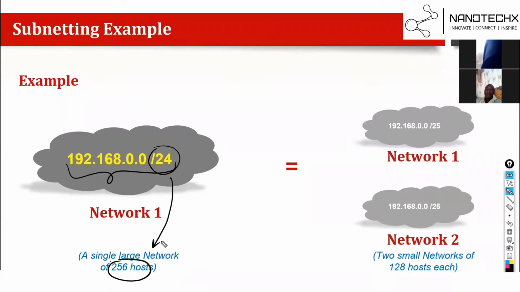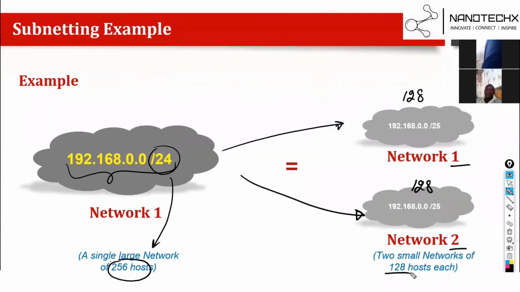Let's say we have a requirement to divide it. So what we can do is divide these 256 hosts into 128 each. This one will have 128, and this one will also have 128. We can have network number 1, network number 2, 128. But ideally it will be 128, practically it will be 126 because we discussed the first and last cannot be used.